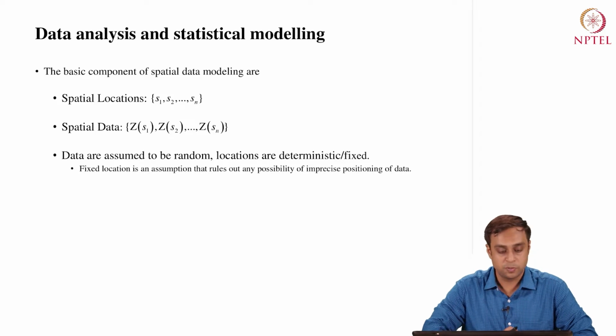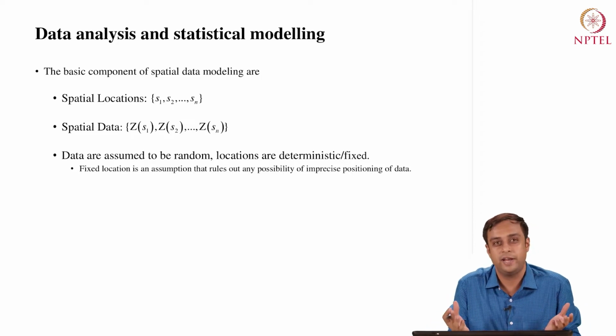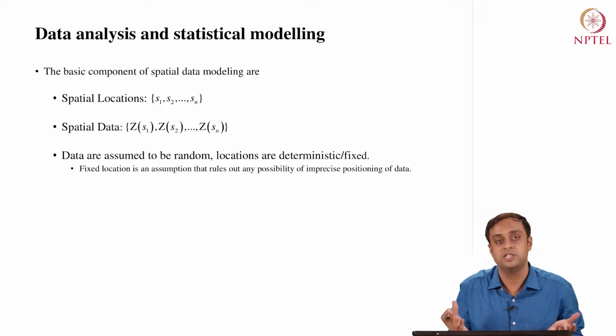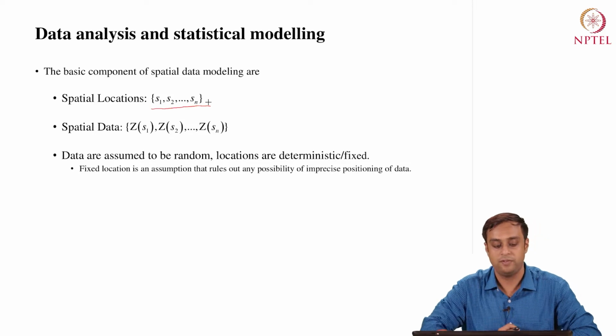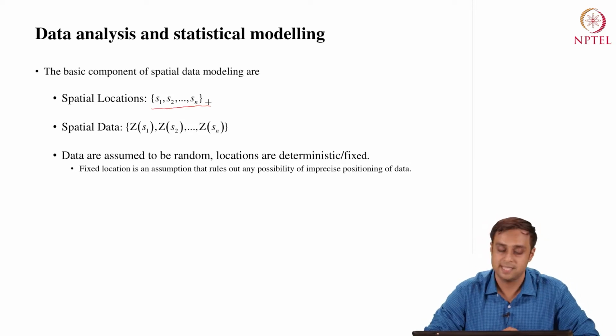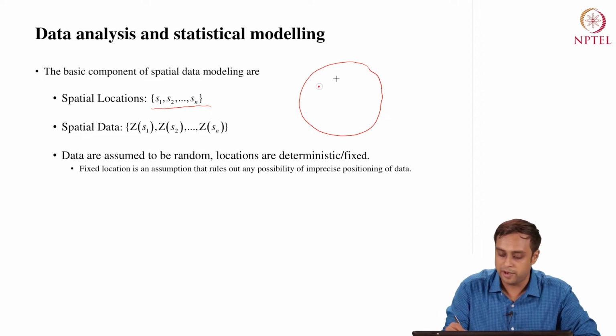So the first most primary basic component of spatial data modeling are spatial locations. If you have any kind of spatial data, you need to formally articulate what the locations are, right? So here what I have is a set of discrete locations S1 to Sn, right? Data in a given space or domain are located at locations S1, S2, S3, S4, S5, S6, and so on till Sn, right?